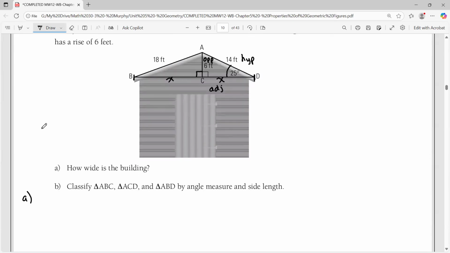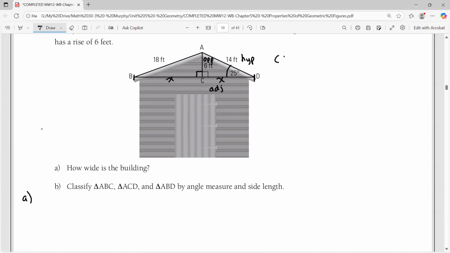So, how could we do this? Well, there's a number of ways. We could use Pythagorean theorem to get this one. You could just solve for one of the sides. We could also use one of the ratios, like tan or cosine, because we have opposite, hypotenuse, and an unknown adjacent.